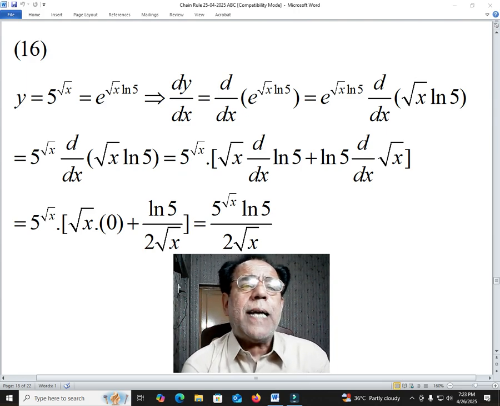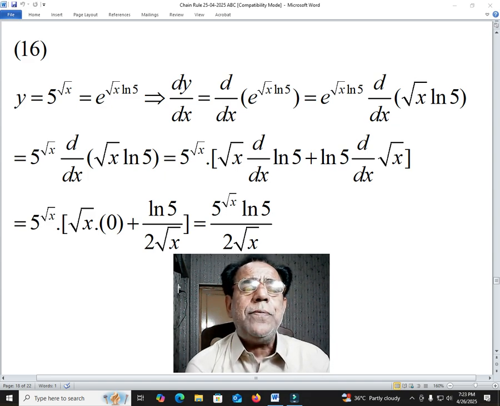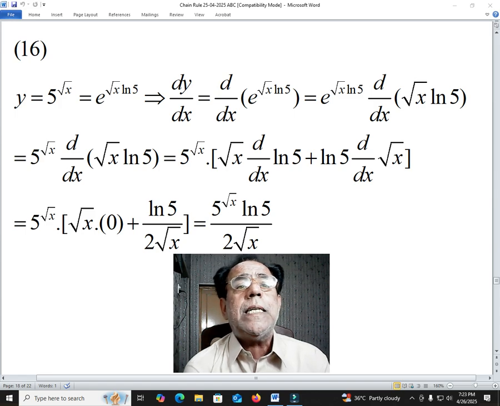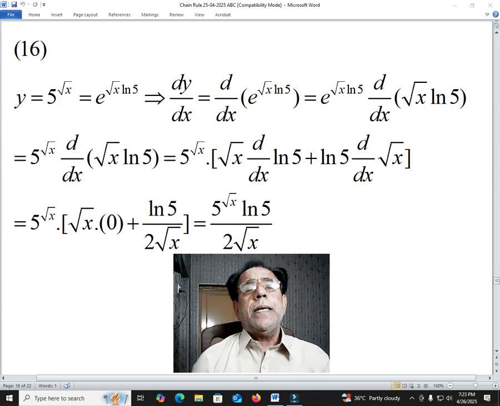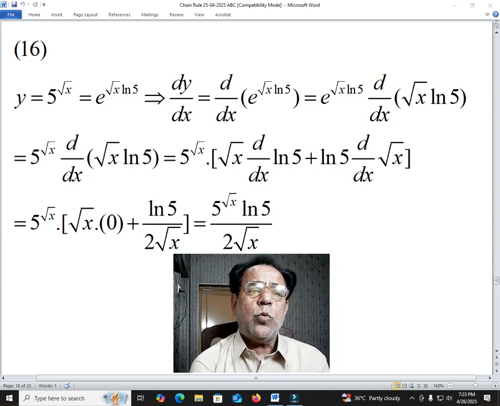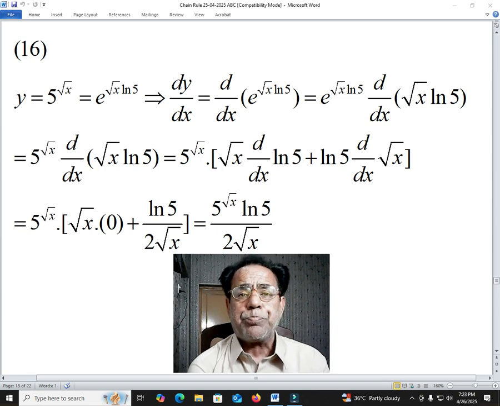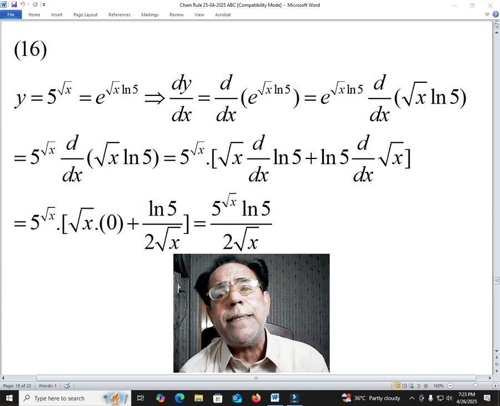So first we write root x as it is, and we take differentiation of log 5 with respect to x. It will give 0 result because in log 5 there is no x. Okay, its differentiation will give a 0 result, plus log 5 into d over dx of root x.